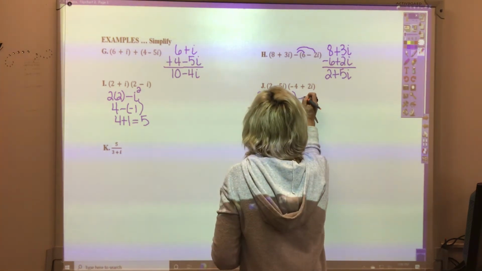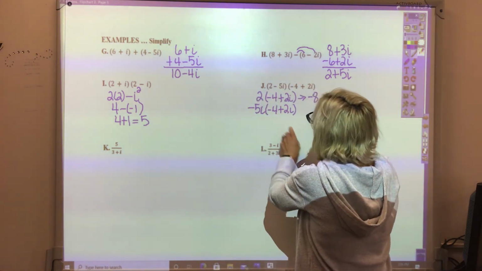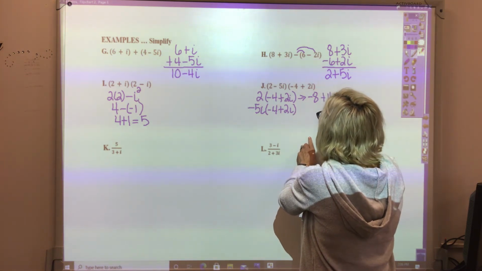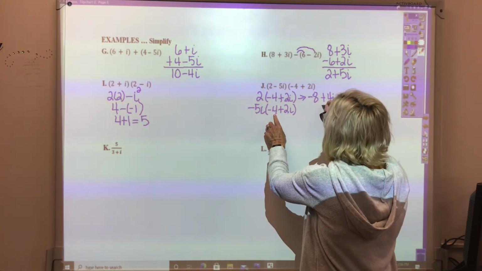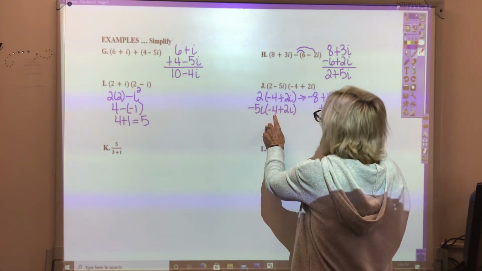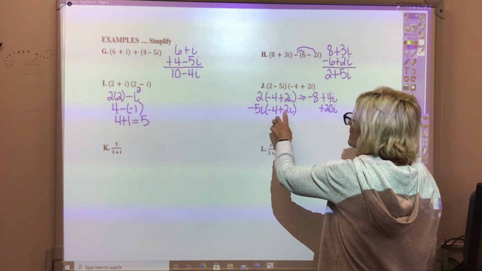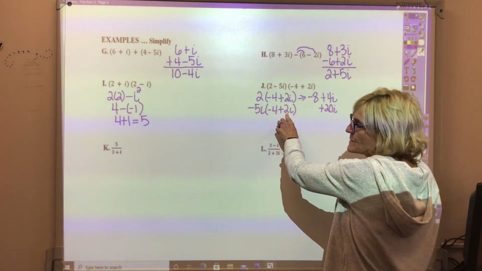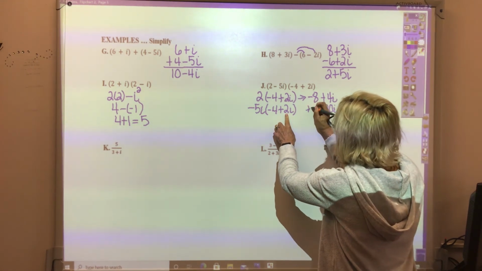So we will have 2 times negative 4 would be negative 8. 2 times 2i would be plus 4i. Negative 5i times negative 4 would be plus 20i. Notice I lined it up under the like term. And negative 5 times 2 would be negative 10i squared. Remember, i squared is negative 1, so make that a plus 10.